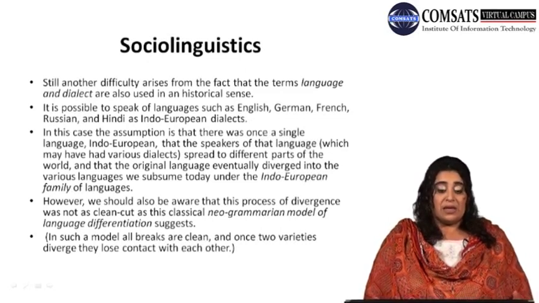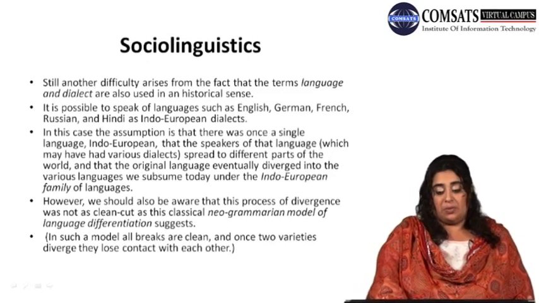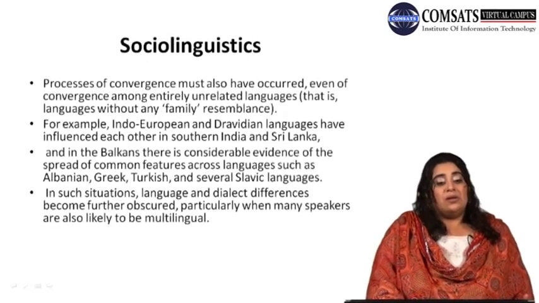However, we should also be aware that this process of divergence was not as clean-cut as this classical neo-grammarian model of language differentiation suggests. In such a model, all breaks are clean, and once two varieties diverge, they lose contact with each other. So that would be another important factor.